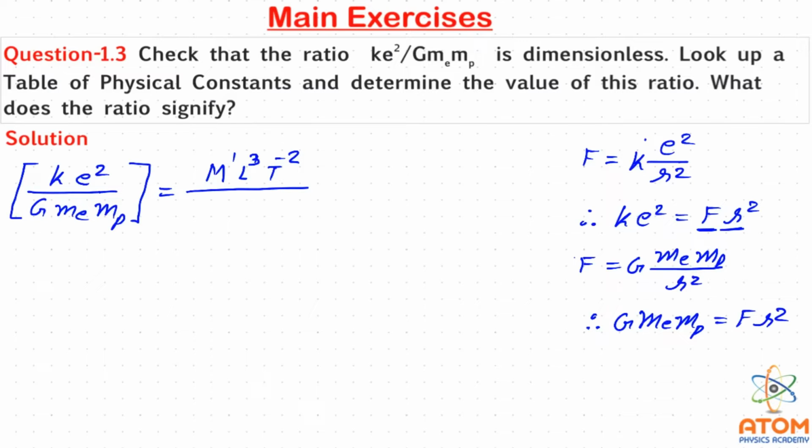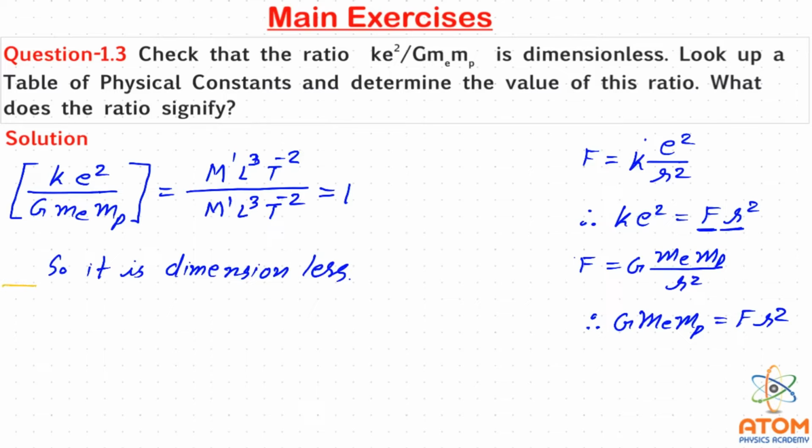And so if it is fr square, then again the dimension formula will be M1 L3 and T minus 2. That means it is having no dimension, it is just becoming 1. So it is dimensionless.